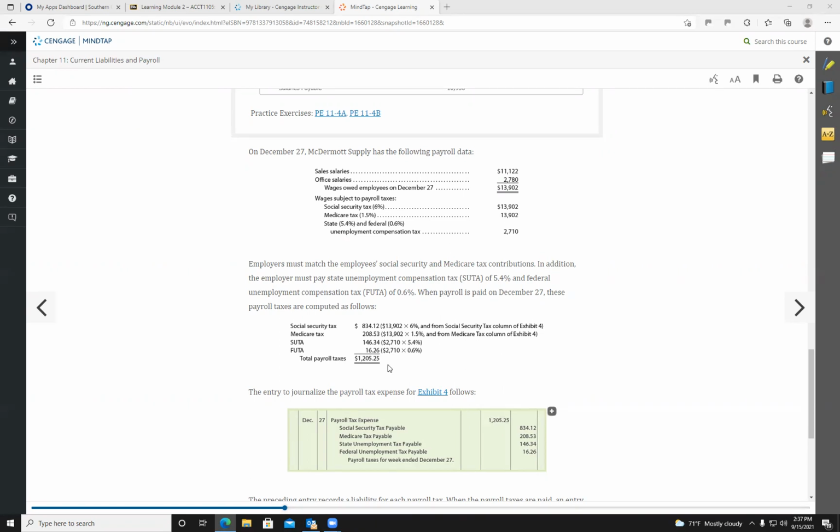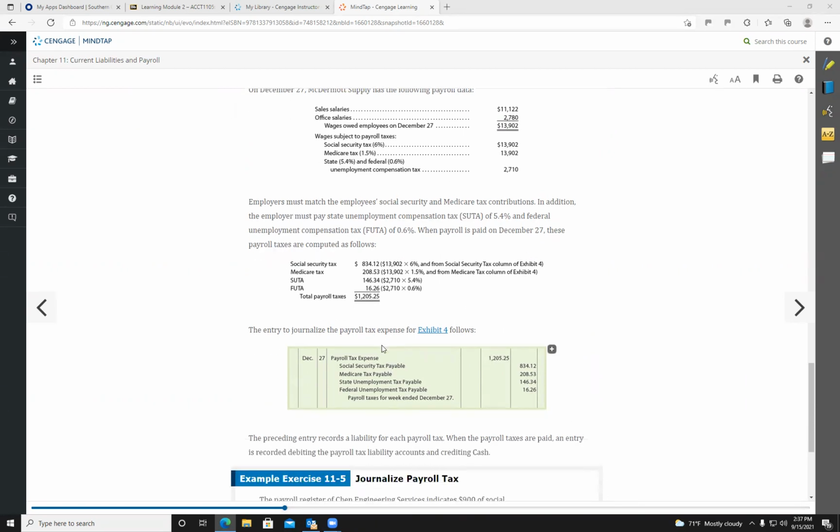So how we would journalize these entries is we will record the total payroll taxes as the payroll tax expense, which equals $1,205.25.